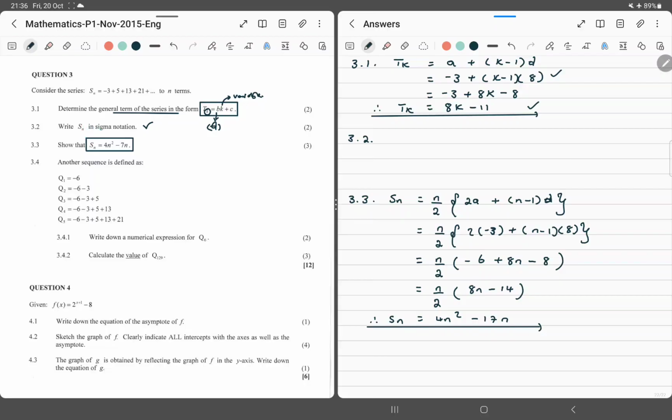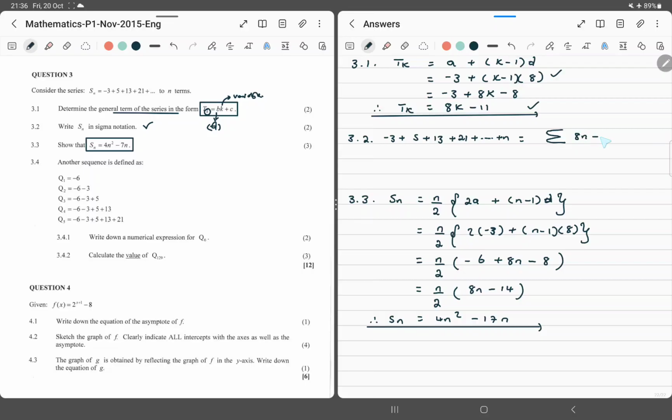We are writing this in sigma notation, so we can see that minus 3 plus 5 plus 13 plus 21 plus dash dash to n terms is equal to the sigma of what? Now we can write this one in terms of n because they said Sn.